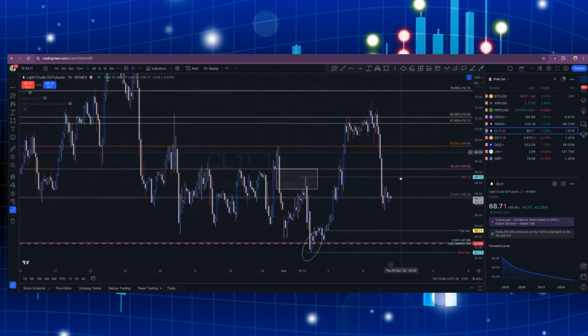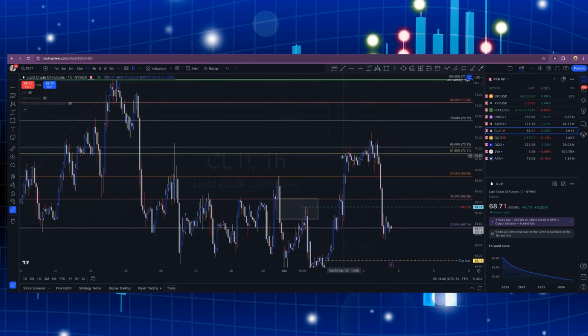So I'm just marking this up. My objective is for price to get to this zone here, it's the 618 or greater. This is my objective, this zone here. So I'm not really tripping on price because I knew, hey, we got to pull back. All that. So this is our Tuesday high.